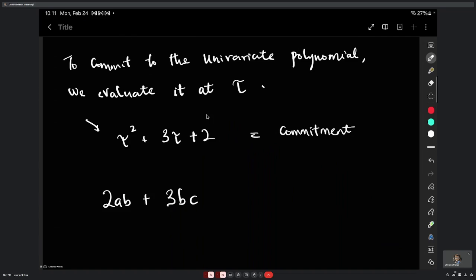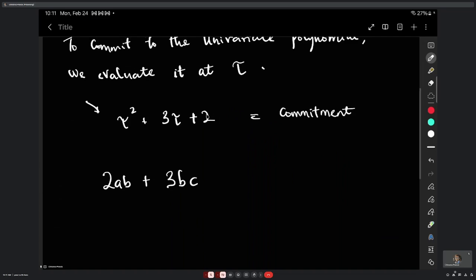After getting a tau for each variable, we evaluate the polynomial at the taus. Yes, full evaluation, not partial, because we want our commitment to be a single field element.